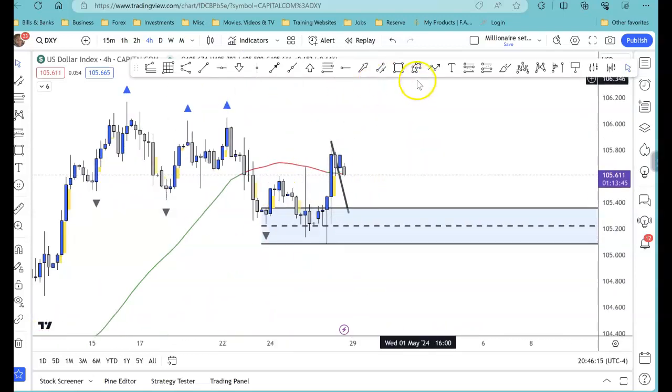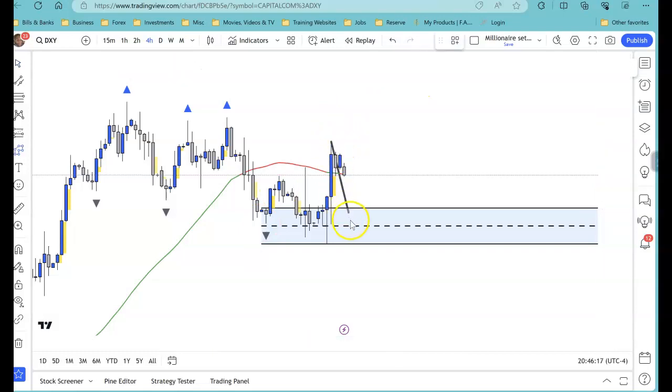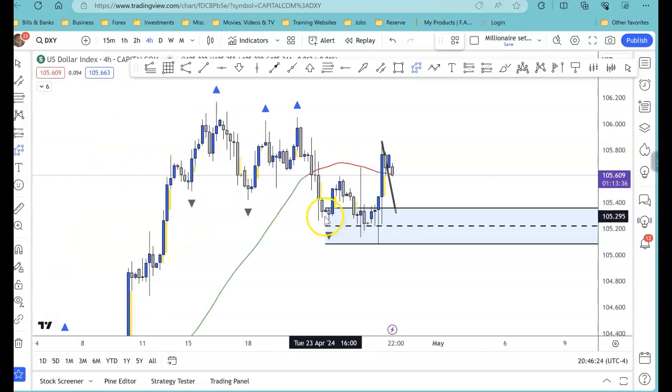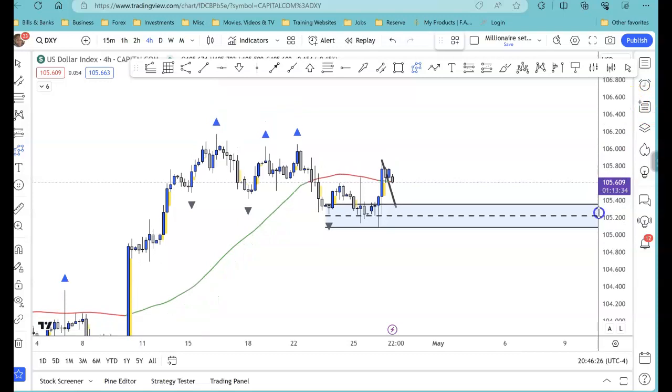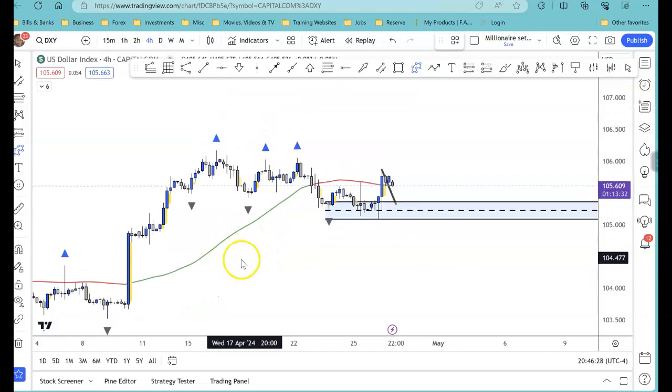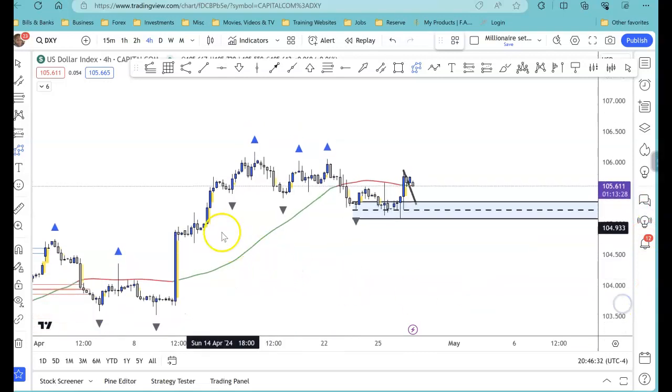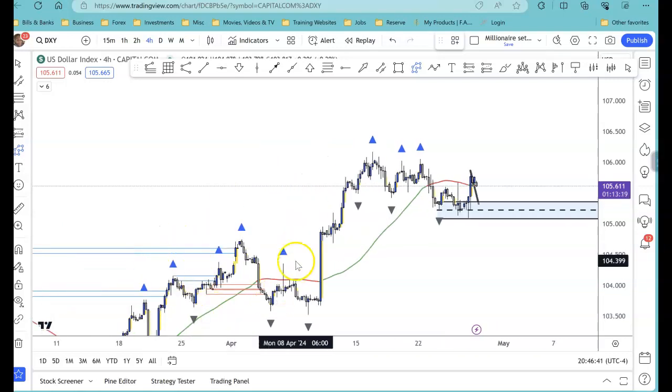Okay, so I expect this market to come down into this demand zone, and I'm going to wait and see if it respects it or violates it. If it violates it, what that tells me is that this is going to go to the next area, which is, you look left, always look left to figure out what your next area is when it comes to your demand zone or your supply zone. Remember, your setup is always going to be on the left side.